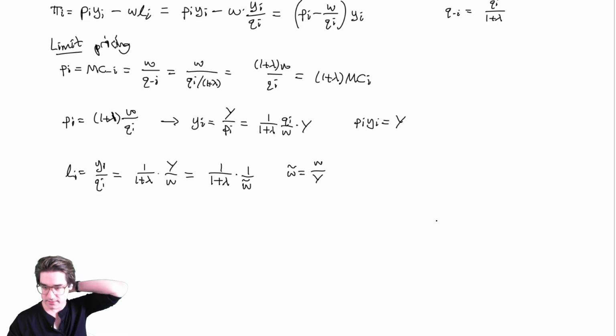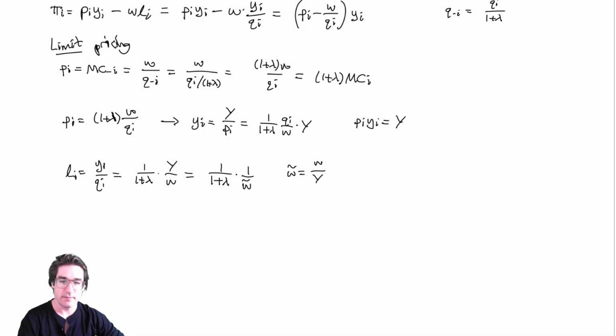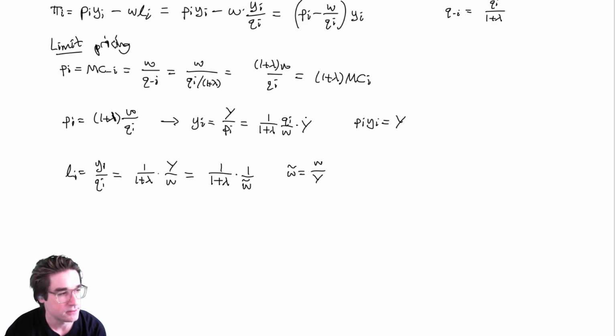You can do that here too if you want. You could turn this into a 1 over W tilde as well. We don't have to, but you can. So we kind of know everything about what these intermediate firms are doing, and at this point there are two things we're going to want to do. One relates to the product market, and one relates more to the research side.